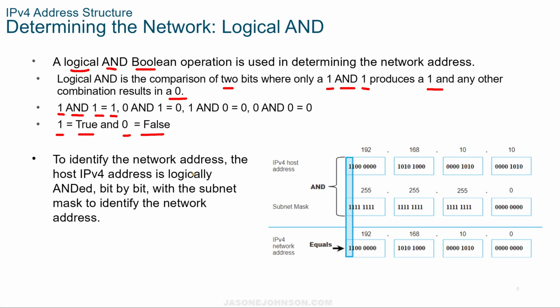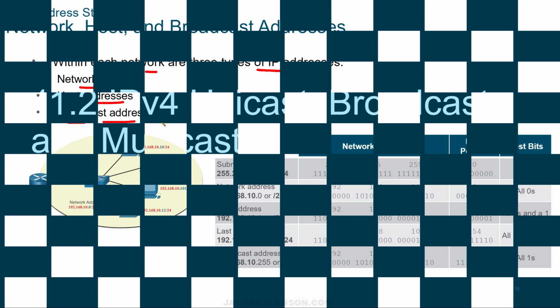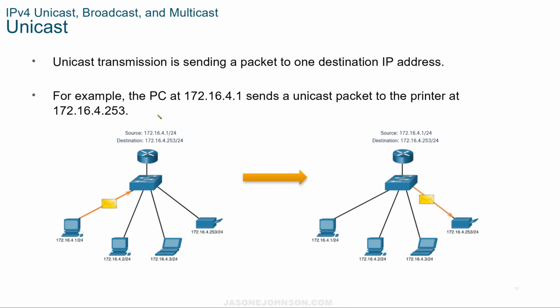To identify the network address, the host IPv4 address is logically ANDed bit by bit with the subnet mask. Within each network, there are 3 types of IP addresses: the network address, the host address, and the broadcast address. Now let's take a look at unicast, broadcast, and multicast.